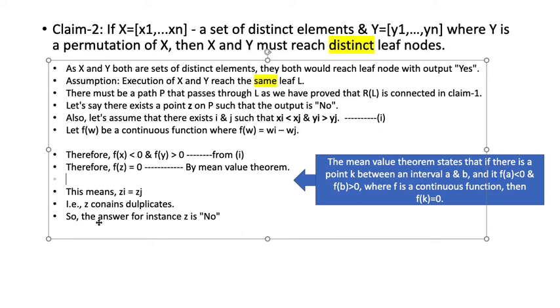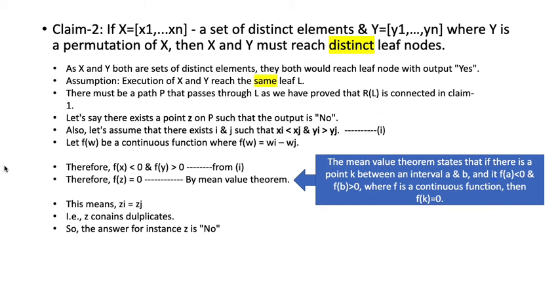That means z contains duplicates. So the answer for this instance z is going to be no. So we have proved this contradiction: for instance z, the answer is no. So we can safely say that x and y must reach distinct leaf nodes. Okay, so that proves our second claim.